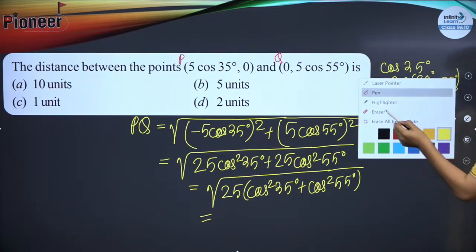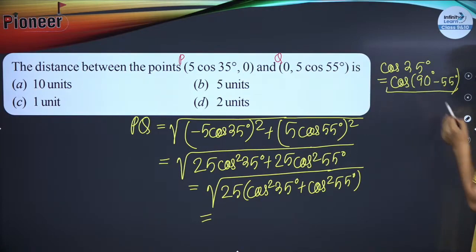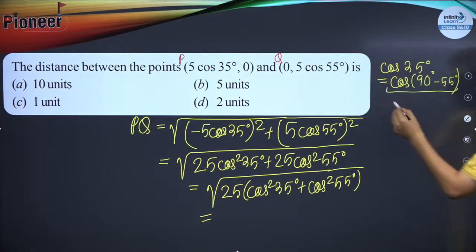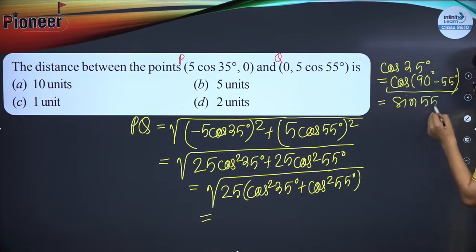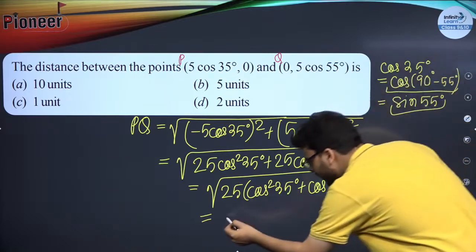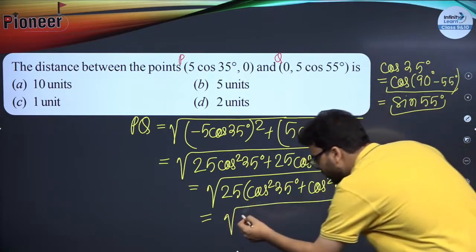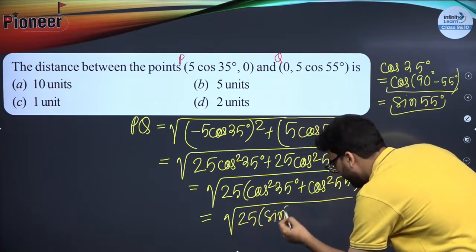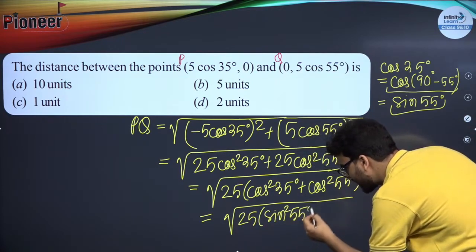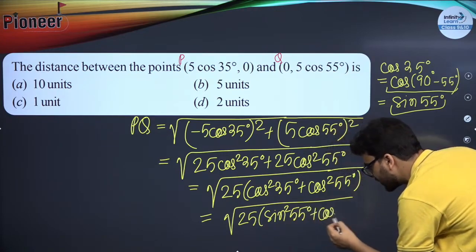Cos 90 minus theta is sin theta. So this is nothing but sin 55 degrees, okay? Cos 90 minus theta is sin theta. So this is sin 55 over here. So basically inside the square root you will get 25 into sin square 55 degrees plus cos square 55 degrees.